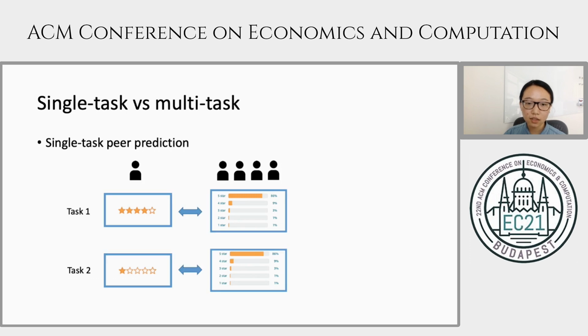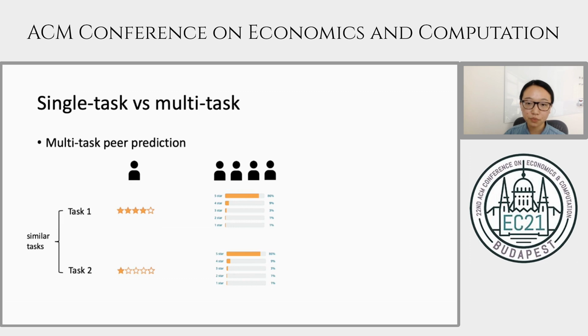In this setting, an agent's report for one task is only compared with other people's reports for that task. But designing truthful mechanisms turns out to be very difficult in the single task setting, because all the mechanisms that we know require very strong assumptions about the underlying distribution.